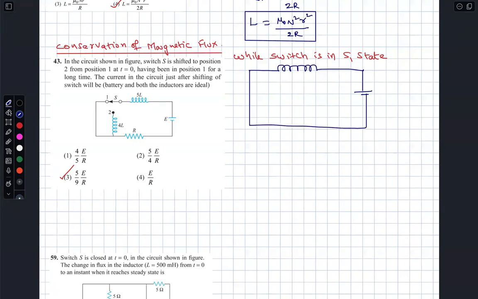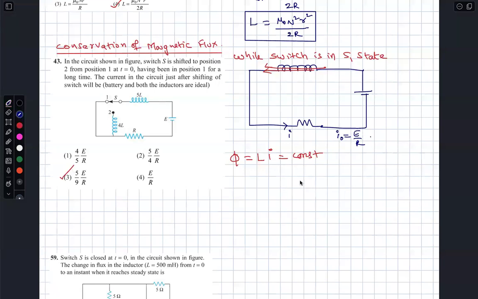Of course, you have some resistance over here. A steady current is passing through here. You know what is that steady current? Let this be I naught, E by R. And this is the steady current that is passing through this inductor. And this causes some flux. And that flux is L I, and that should remain constant.